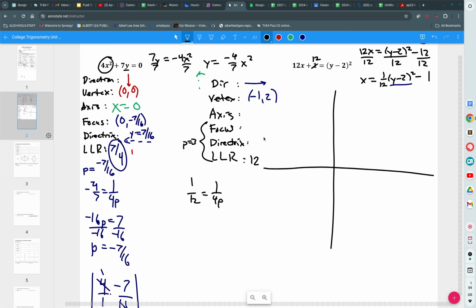So this graph is going to have to be a little bit bigger than the others. I'm going to make like a 12 by 12 or a 10 by 10 graph to try to see everything. And I'm going to go by 2s: 2, 4, 6, 8, 10.